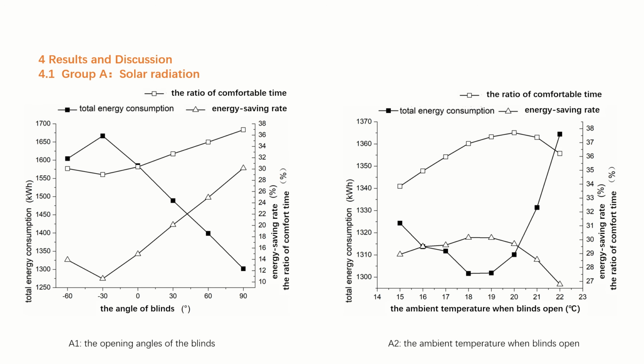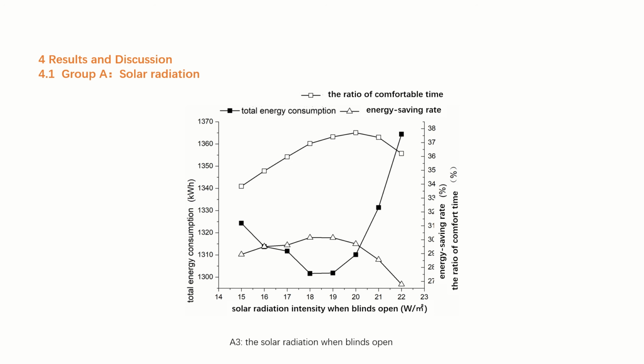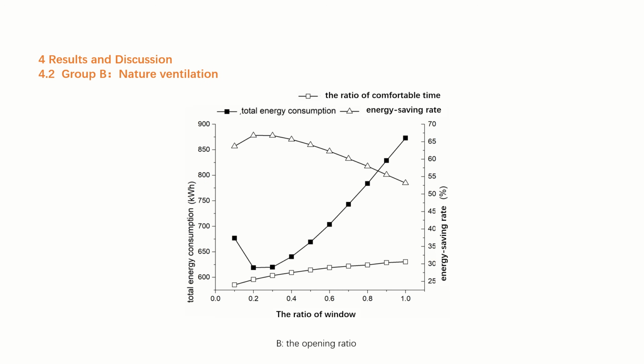And in the picture, when the solar radiation intensity is at 18 watts per square meter, the energy saving rate is lowest. In case B, when the ratio of opening window is 0.2, the rate of energy saving is the highest, with an acceptable proportion of countable time.